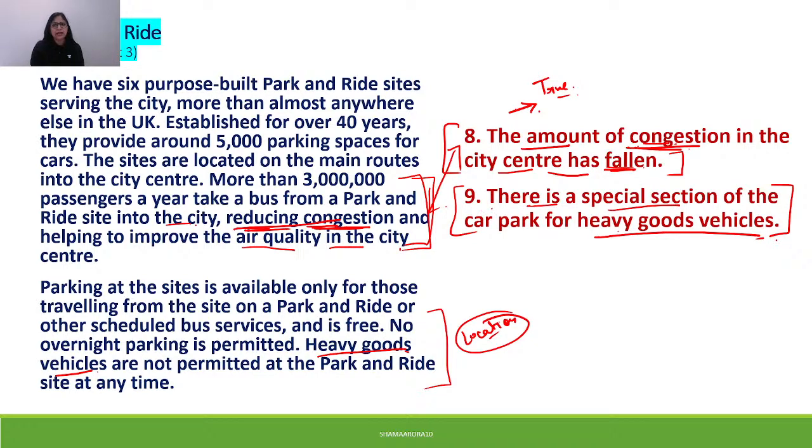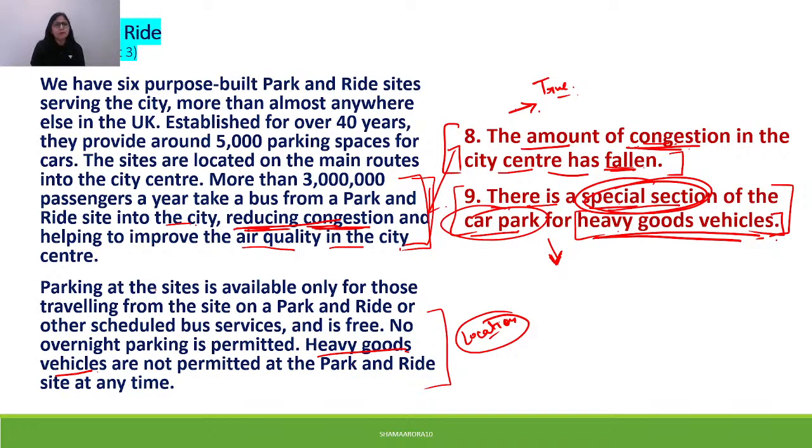To understand the question statement, you can either translate it into your own mother tongue, or you can simply paraphrase it. There is a special section of the car park for heavy goods vehicles. So they are saying that for heavy goods vehicles, there is a special section arranged in the car park only.